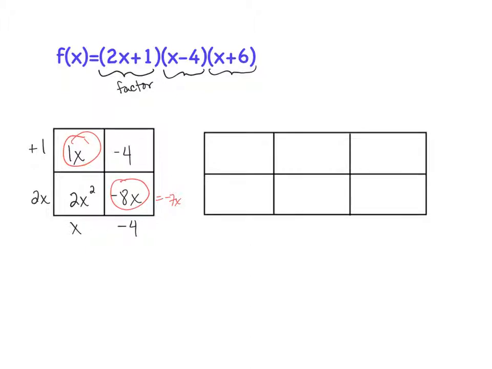So my resulting polynomial for that part is 2x squared minus 7x minus 4. I'm going to take that part, let me erase this because I need the space, and put it on the outside of the 2x3 area model.